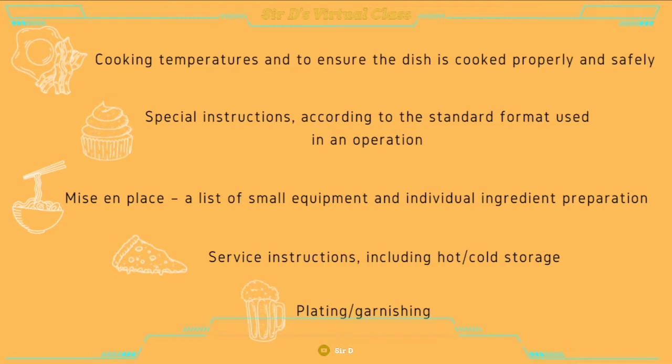This is done in order for us to cook well and to be ready. Service instructions including hot and cold storage that are needed. And of course, plating or the garnishing. We want our food to look equally delicious, taste good, and be appealing to the eyes.